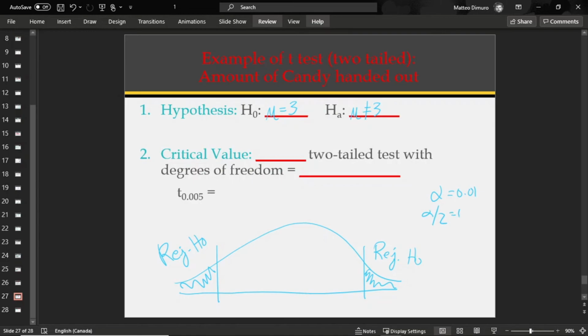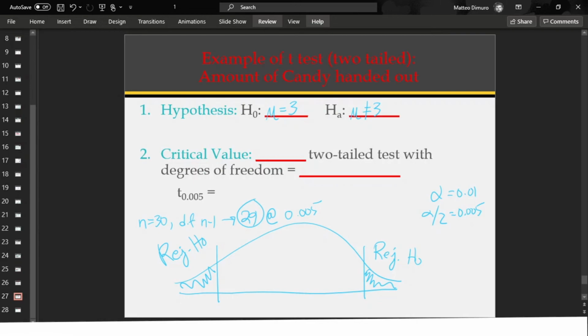When you go alpha divided by 2, you're going to get 0.005. Okay? So we need to go look up. We had n equal 30, so degrees of freedom n minus 1, we're going to be looking up 29 at 0.005 for alpha. Okay, let's go look it up.